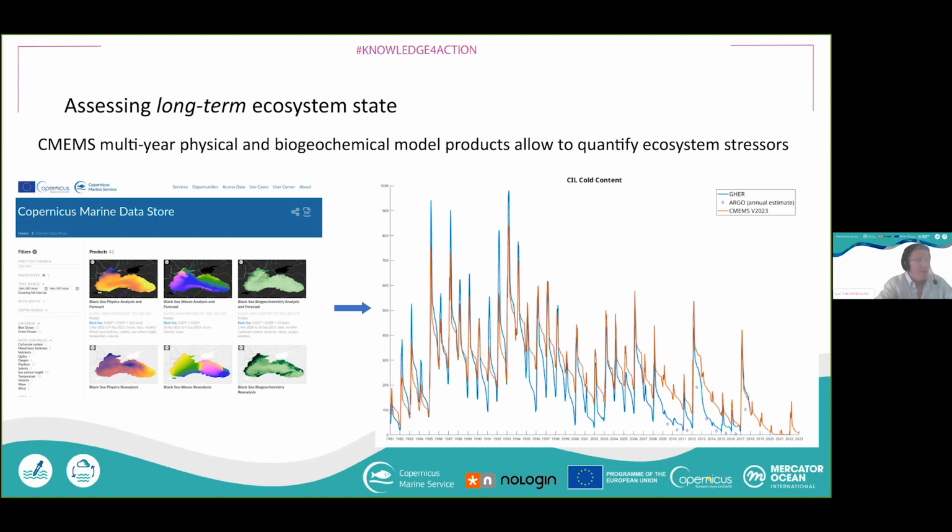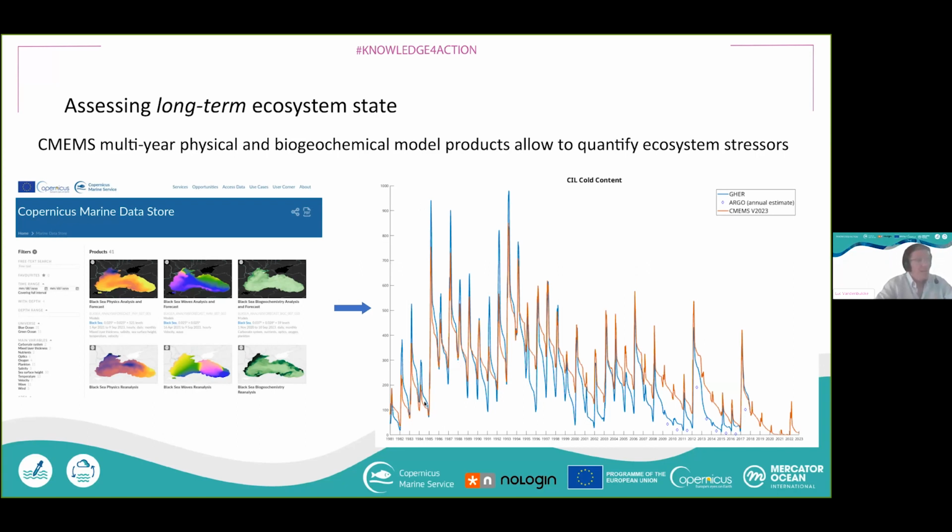To look at this barrier, its presence or absence, we download the temperature product from the CMEMS catalog in the Black Sea, and then we look at how much cold water there is. On my graph on the right side, the higher the bars, the more cold water there is, or the water in the cold layer is even colder.